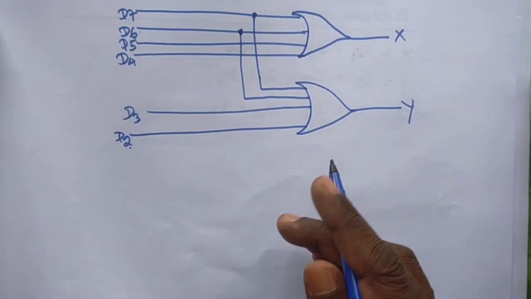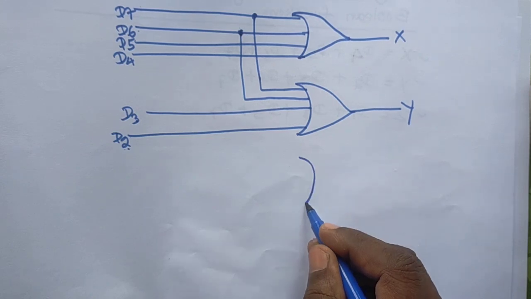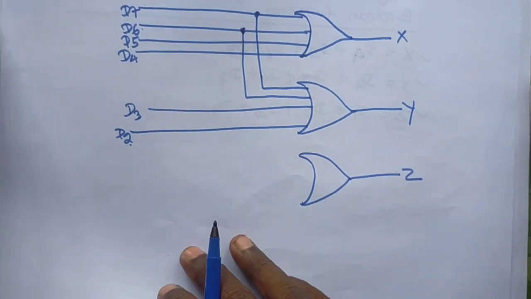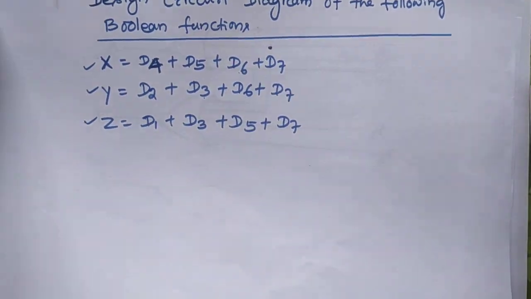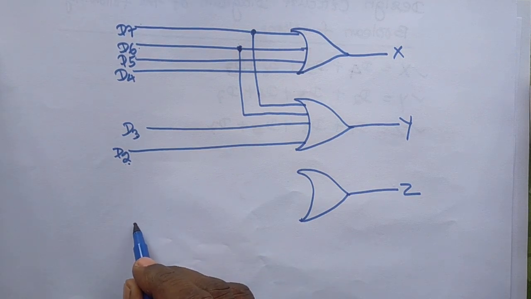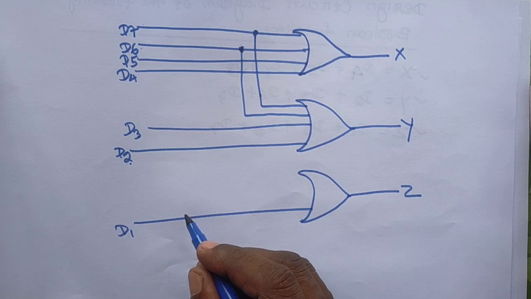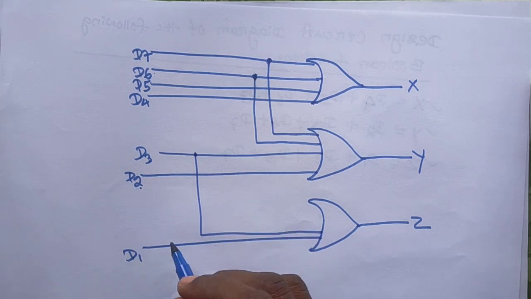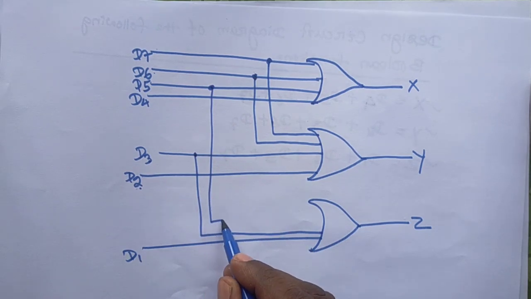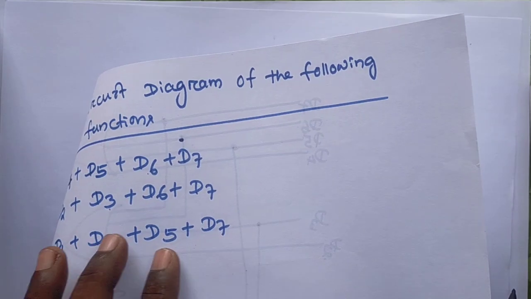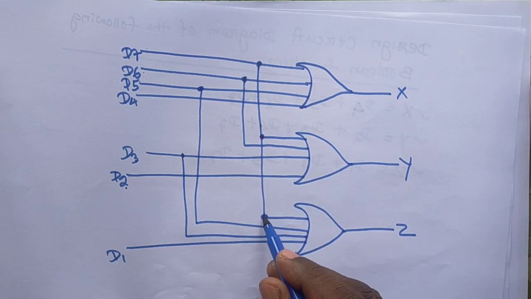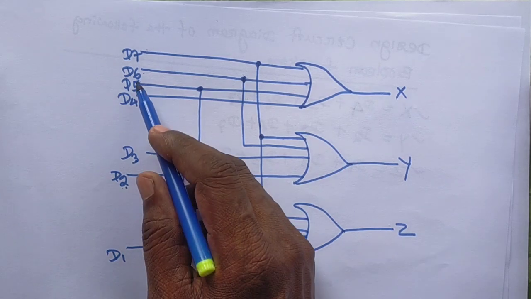Now another OR gate we create like this, and the output will be Z. Here we write D1, D3, D5, D7 as the inputs.